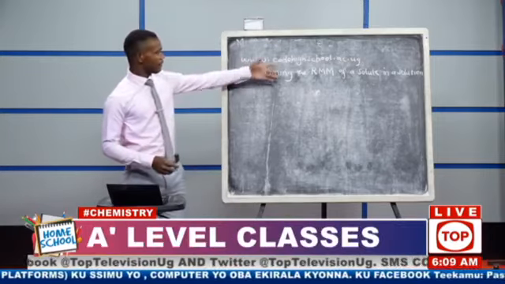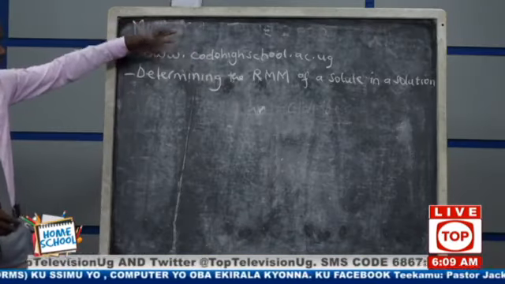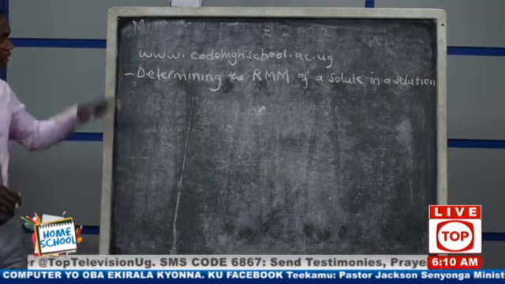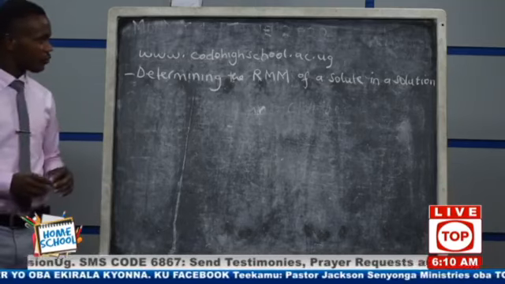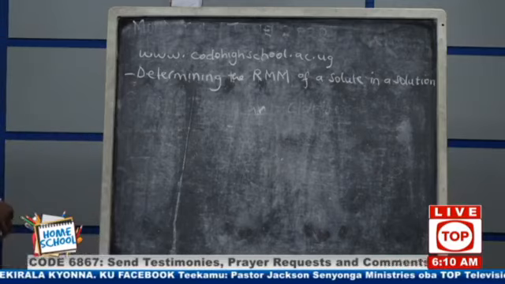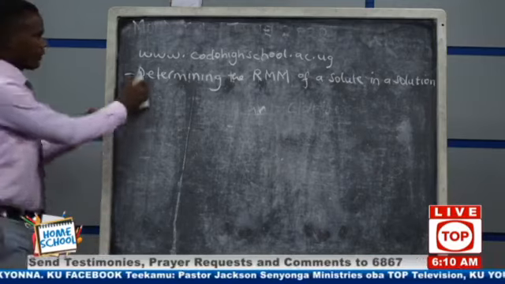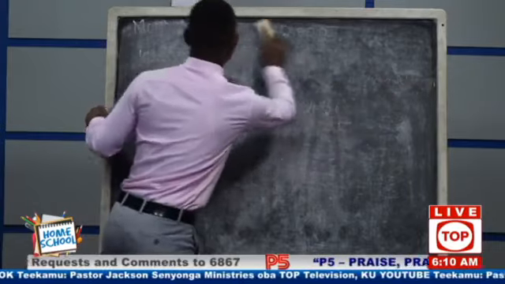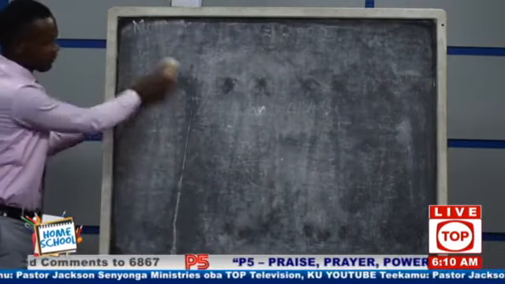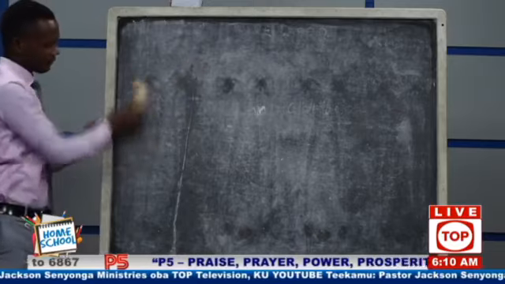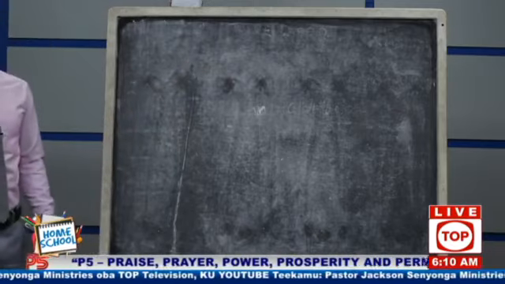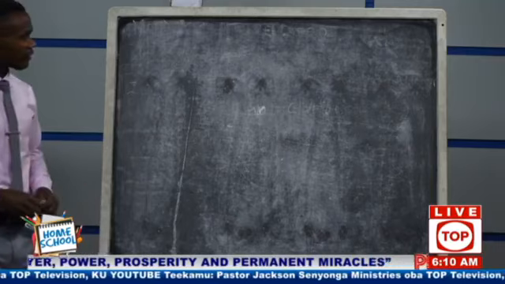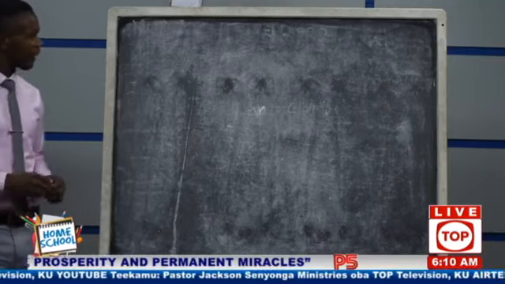So, having looked at our objective, I think now we can go straight to Raoult's law. Okay, we derived Raoult's law yesterday, but to emphasize a few things, we have to go through it again.